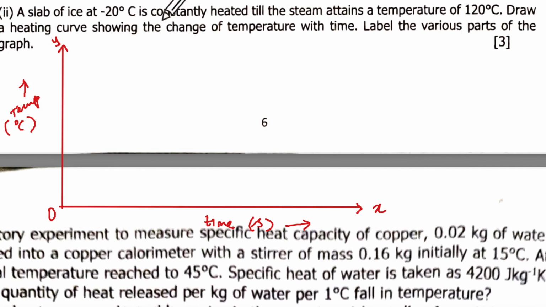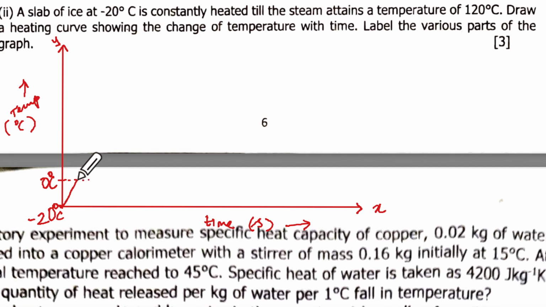Now the minus 20, sorry, here I'll have to put minus 20 degrees C here, so 0 will be here. Okay, now at 0 what is going to happen, tell me? There's going to be a sharp rise in temperature.